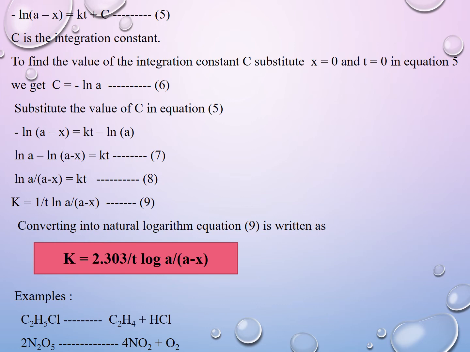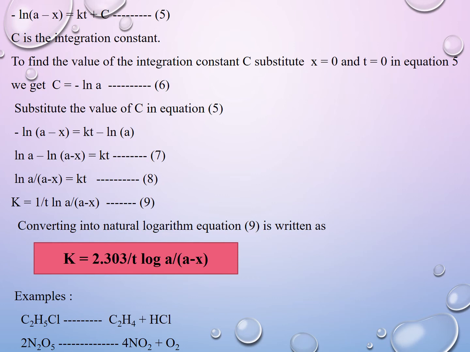To find the value of the integration constant c, we substitute x is equal to 0 and t is equal to 0 in equation 6. Now we get c is equal to minus ln a. Now we substitute the value of c in equation 5.